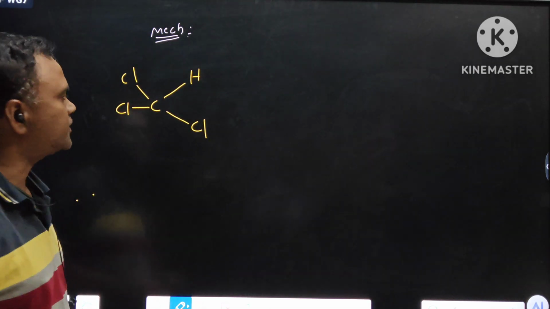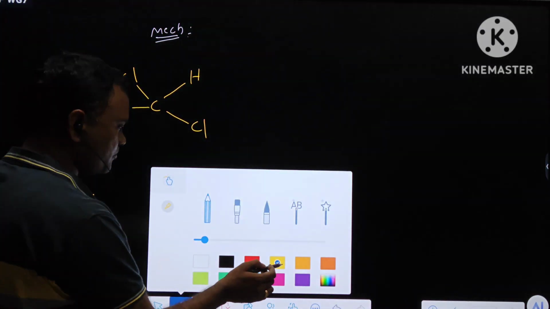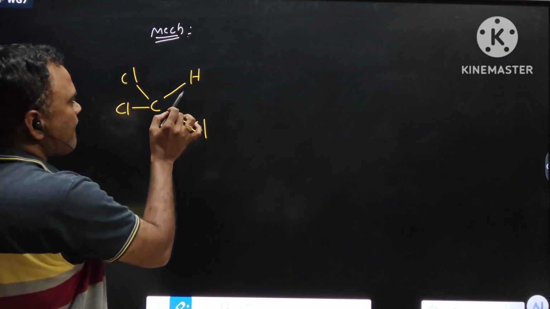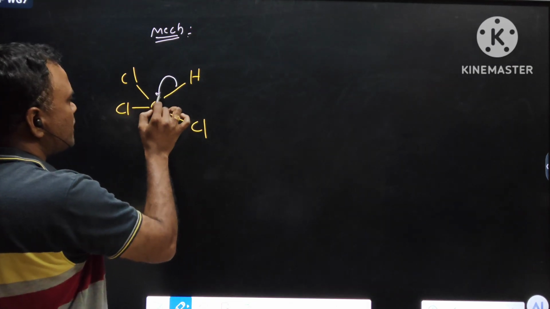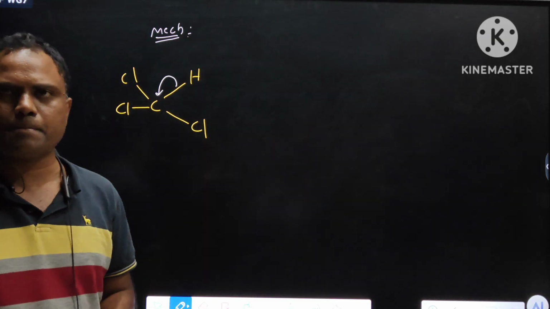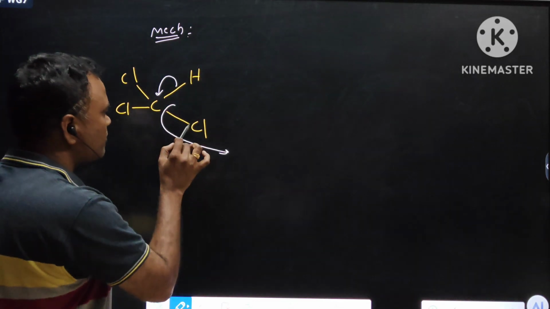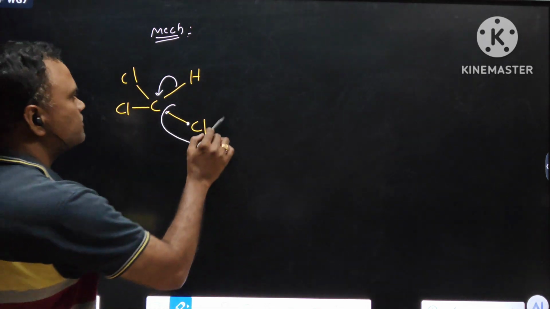See, first category, first type of mechanism. In this carbon-hydrogen bond, electrons are shifted towards carbon, and chlorine is taking the bond pair of electrons. Okay.